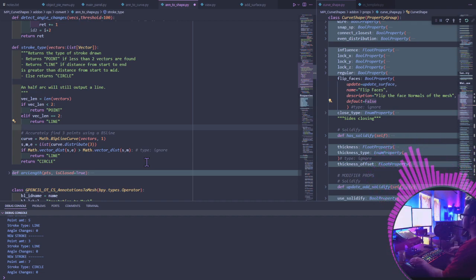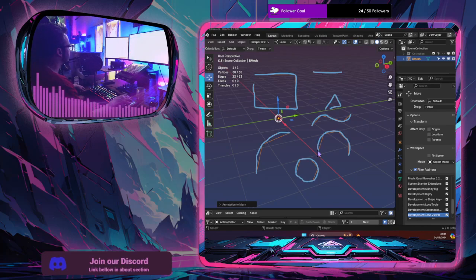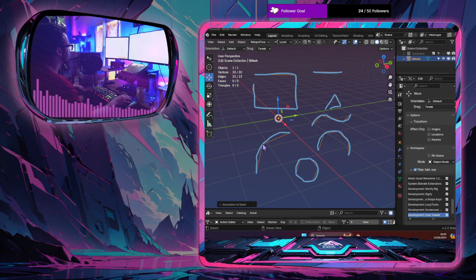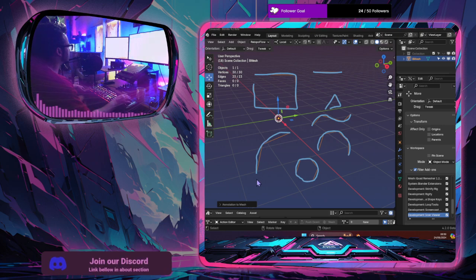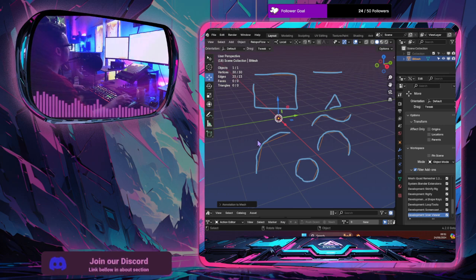This might be helpful for arcs. That's what that's doing, looking at the distances. If start to end is bigger than start to mid.